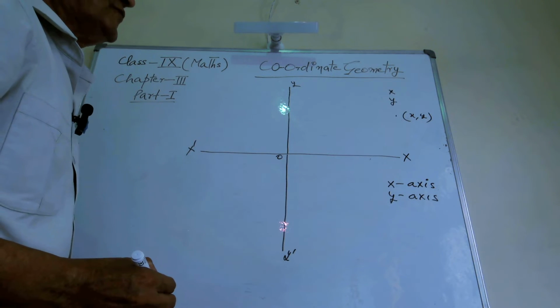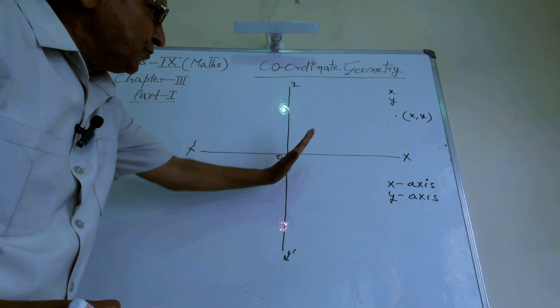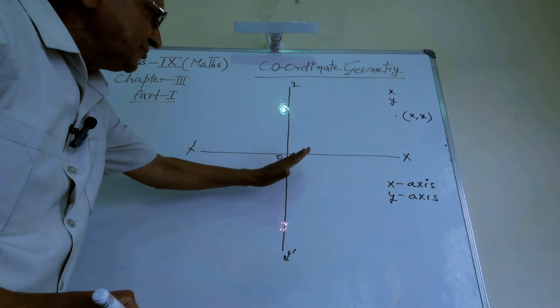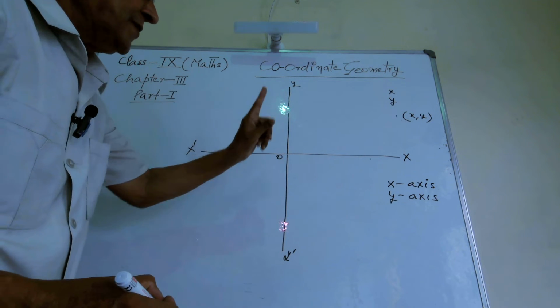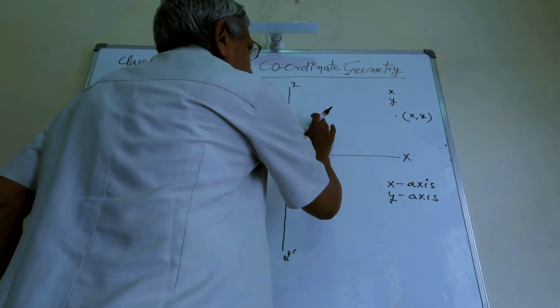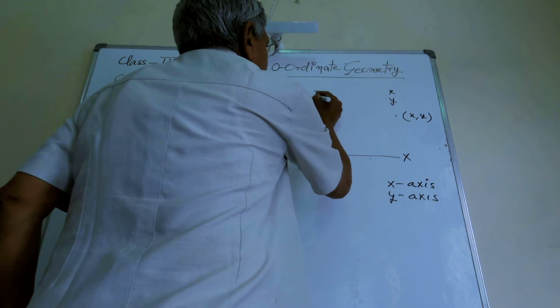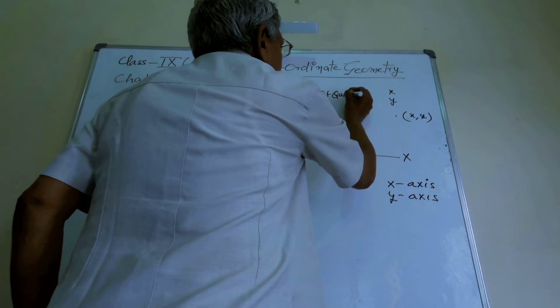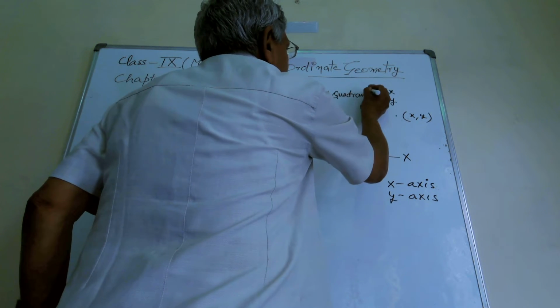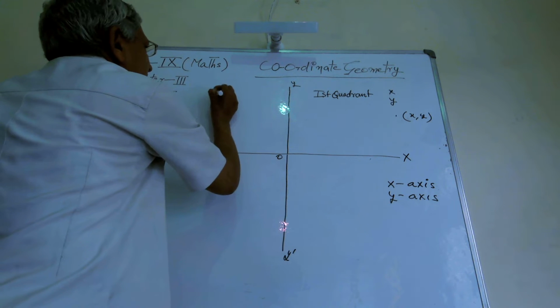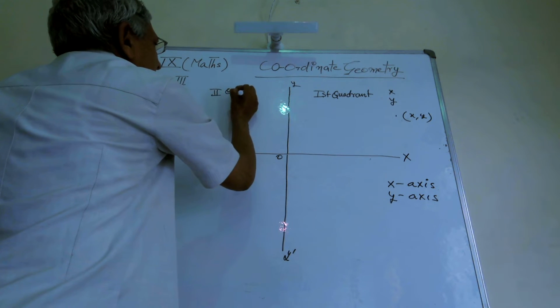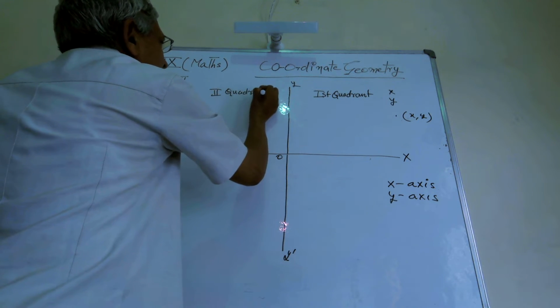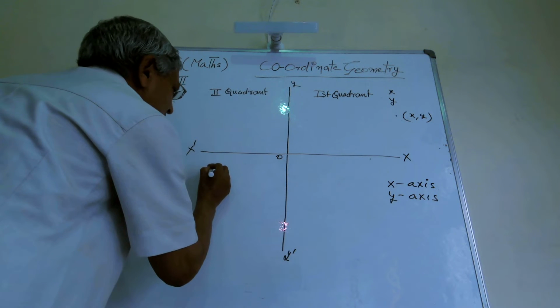Listen to me very carefully. Now these two lines divide the plane into four parts. This is the first part, it means the first quadrant. This is the second quadrant.